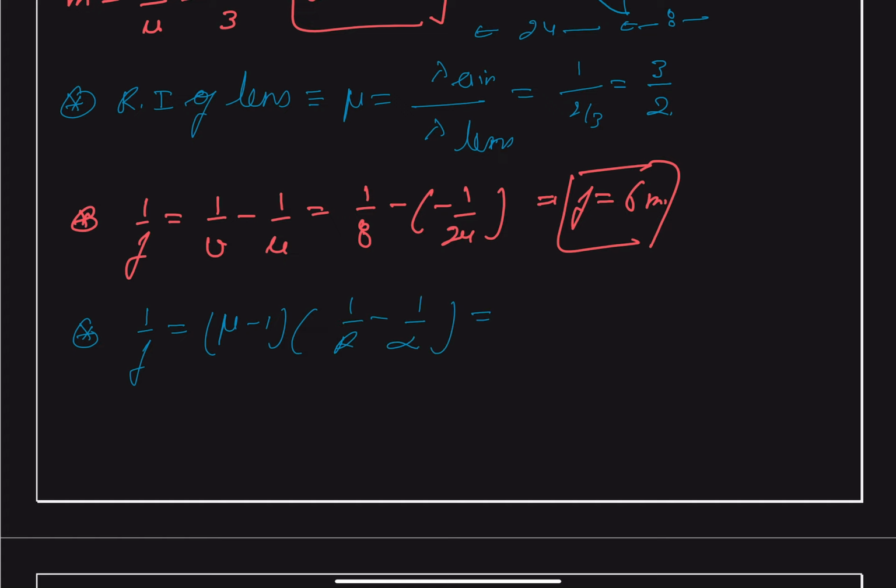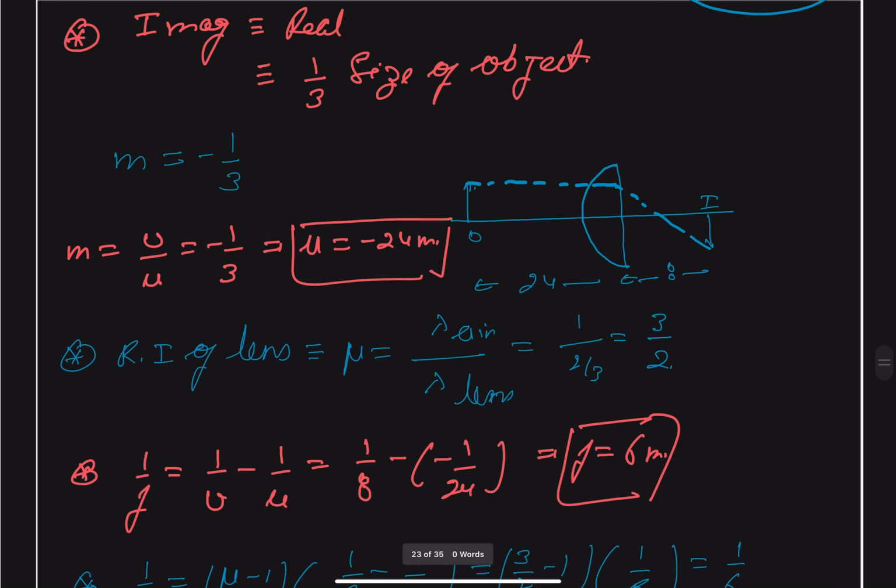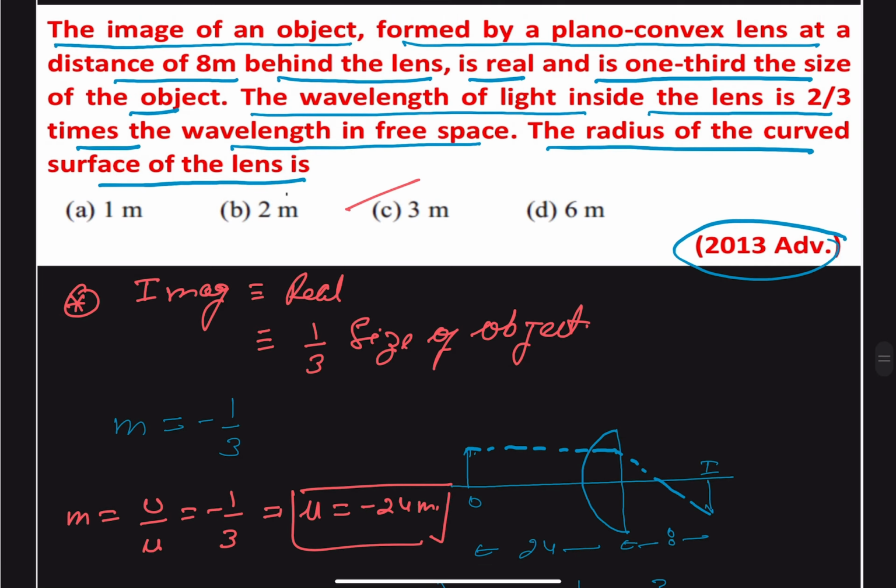We just found mu is 3 by 2, so 3 by 2 minus 1 times 1 upon r will be equal to 1 upon f, that is 1 upon 6. So we get r is equal to 3 meters. So option number C is the correct one.